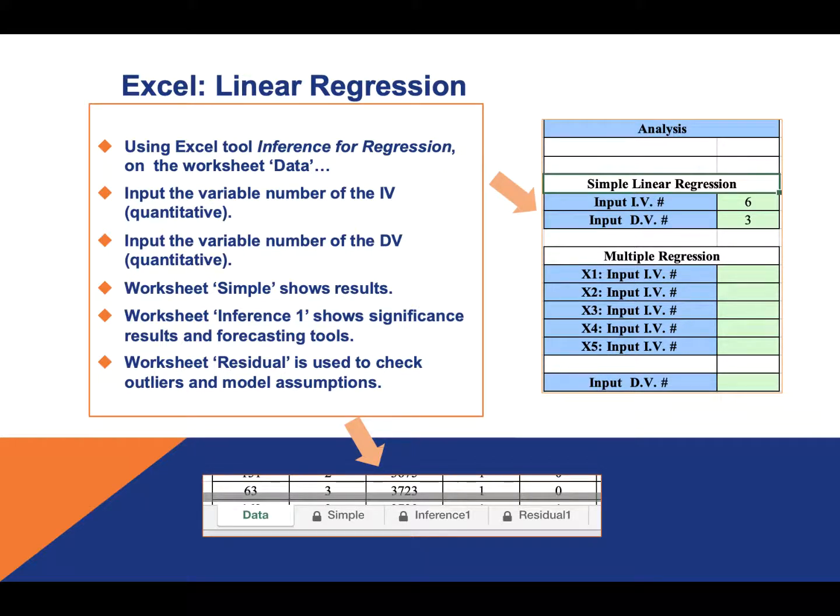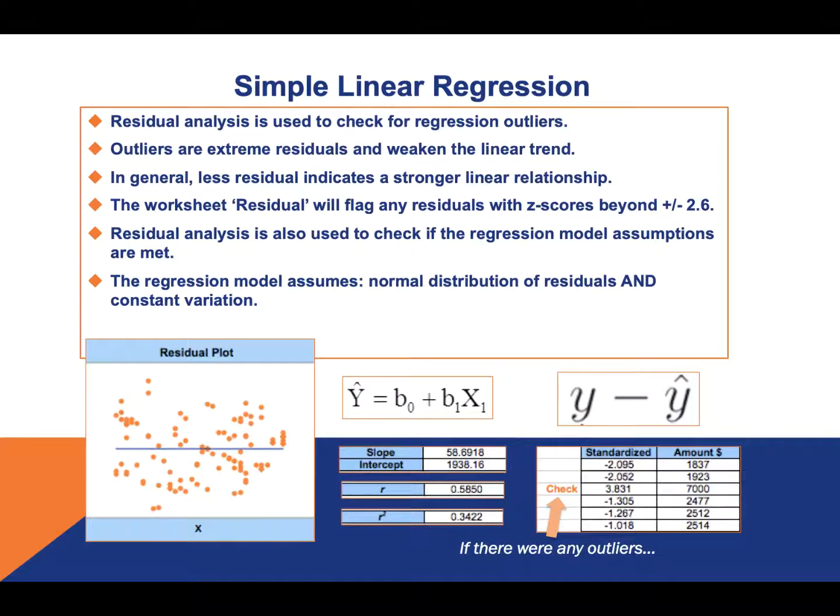Our worksheet Residuals is still used to check for regression outliers, only now we'll also use residual analysis to check important model assumptions. Residual analysis is used to check for regression outliers. Please recall that regression outliers are extreme residuals and weaken the overall linear trend.